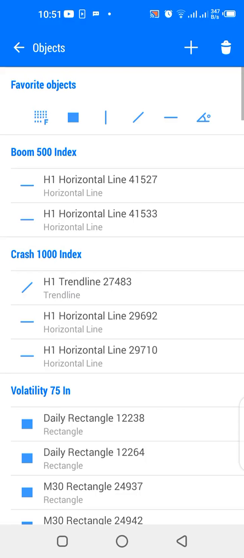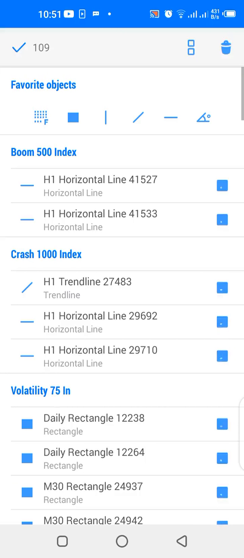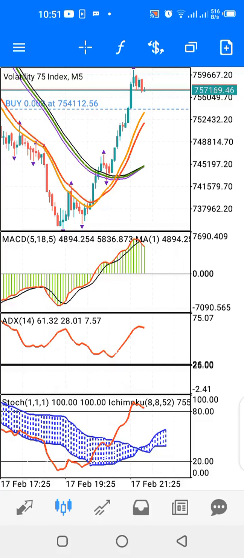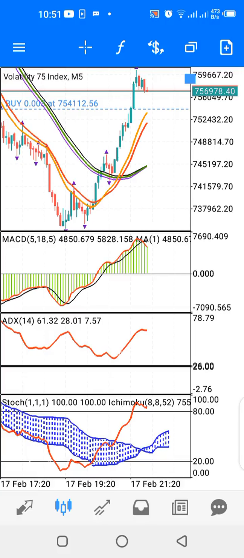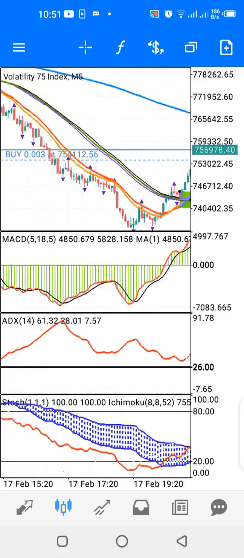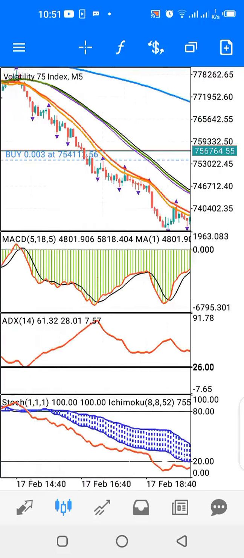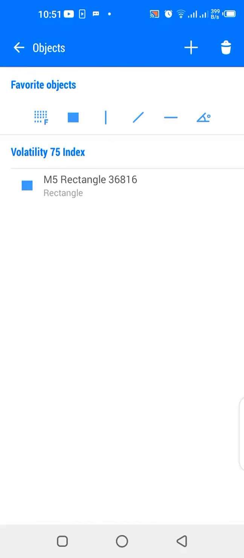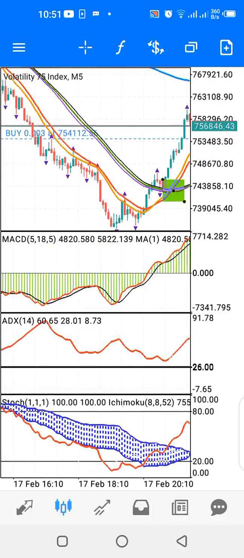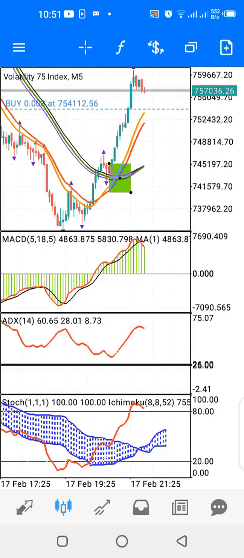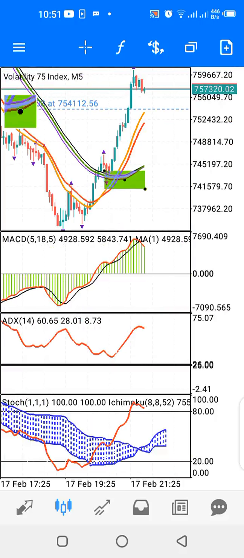On 5 minutes, let's look at how we can use it. This is your signal. What trend are we in? We are in a bearish trend since the blue line is above. But it's like we're having a reversal.